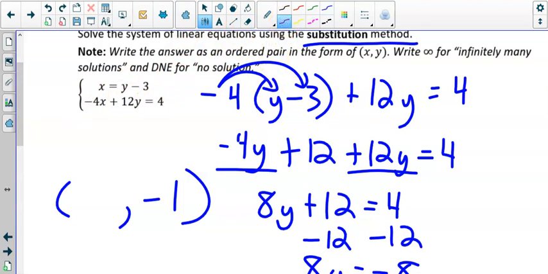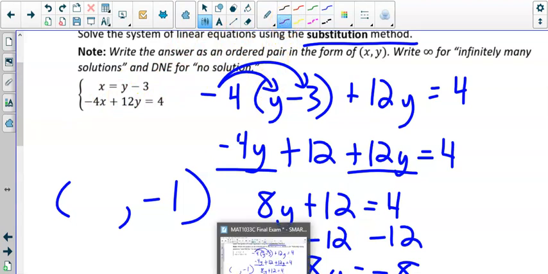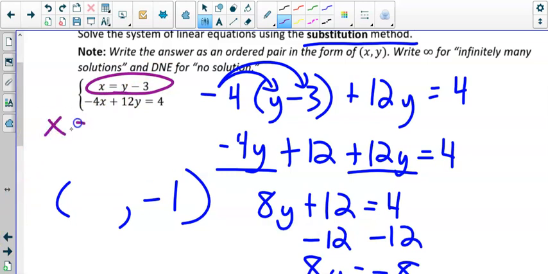And it doesn't matter which one. And we're going to plug in negative 1 for y and figure out what x is. Which is going to be the easiest one to plug into? Yeah, the top one. So x is equal to negative 1 minus 3. Because we knew that y was a negative 1. So what's negative 1 minus 3? And there's the answer. Negative 4 comma negative 1.